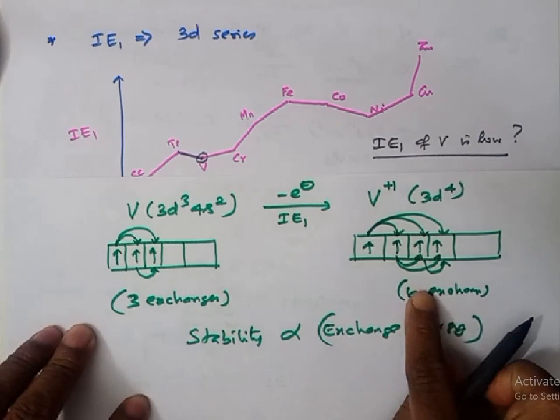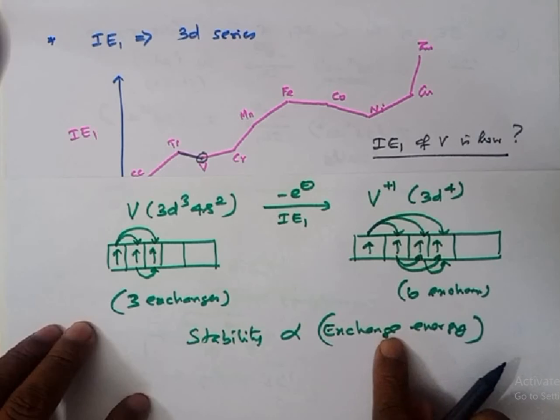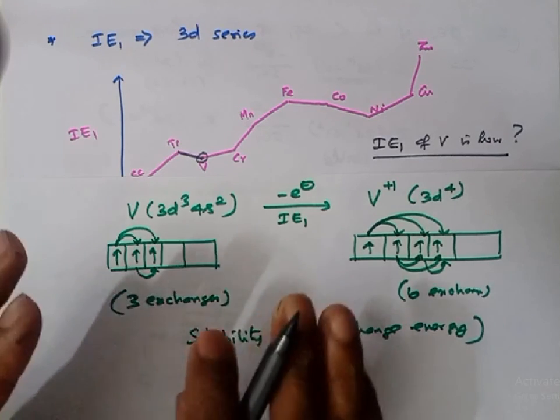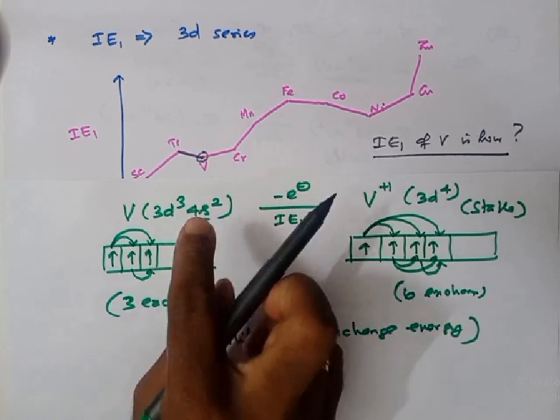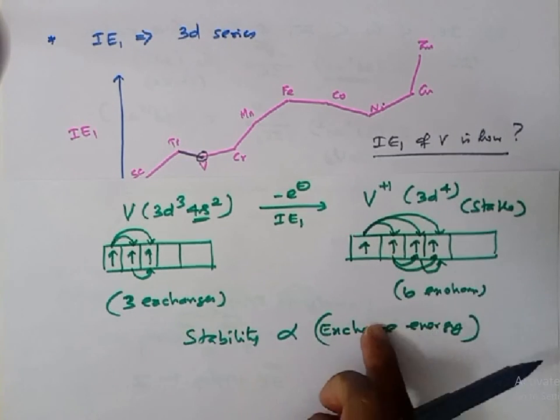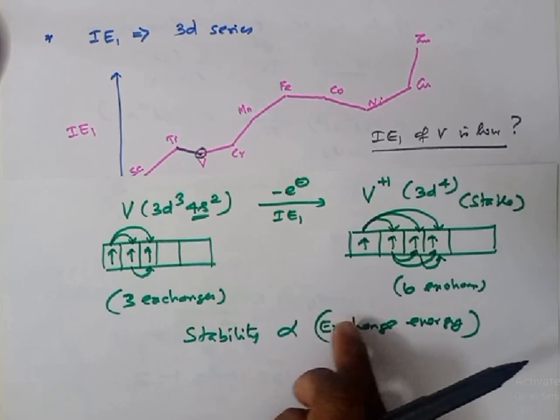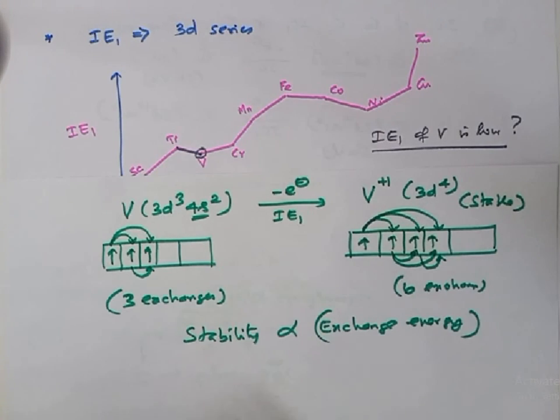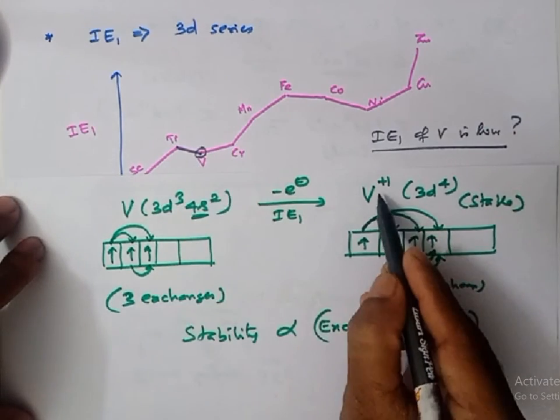If you have more exchanges, exchange energy is high, and if exchange energy increases, stability will increase. So if you remove one electron, I'll get 3d4. In 3d4, the number of exchanges is more, so exchange energy is more, and stability will increase. Therefore, vanadium plus 1 is more stable.